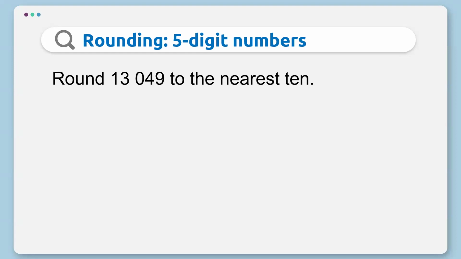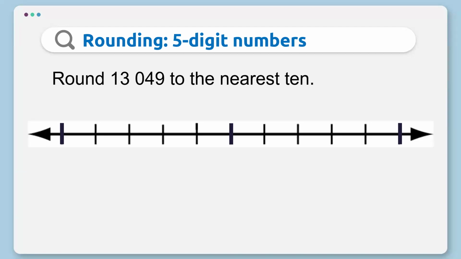This even works for 5-digit numbers. We follow the exact same steps as we did for 4-digit numbers. If I want to round 13,049 to the nearest 10, firstly, I start off with my number line, and I need to figure out which two tens 13,049 is in between. Can you tell what the two numbers are?